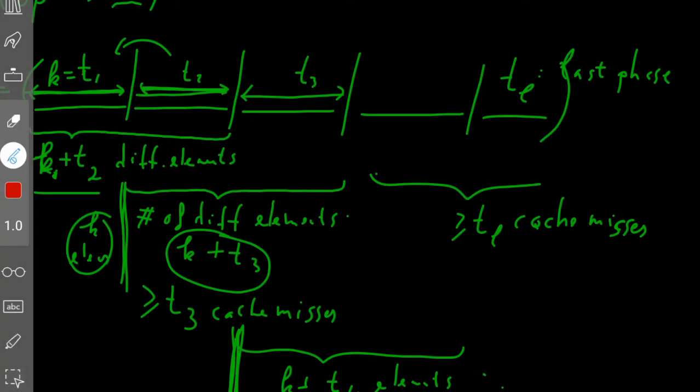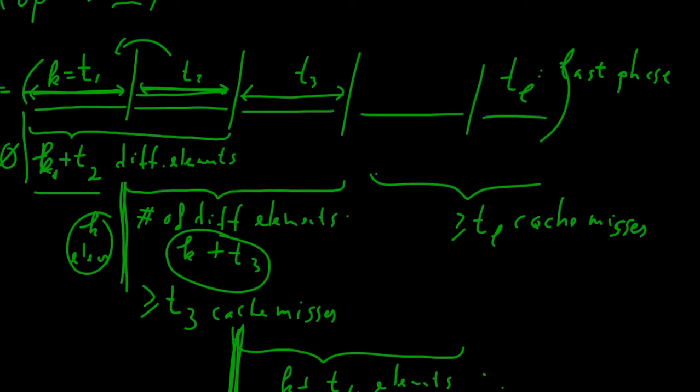What does that mean? It means that if I sum the number of cache misses, then for this part I will get at least TL. And if I add this part here, it's at least TL minus 1, and so on.